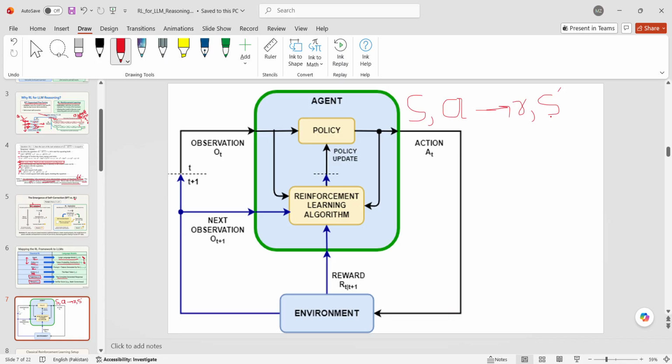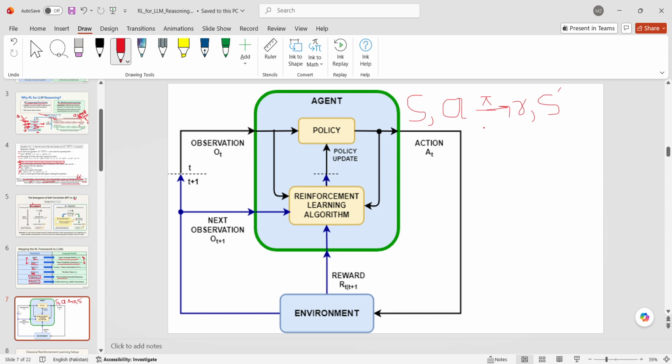But previously, I also told you about this policy, which is represented by pi, and I said that this action A is taken according to this policy. But if we are playing in the environment for the very first time, then where does this policy come from? This is the question that wobbled my mind.